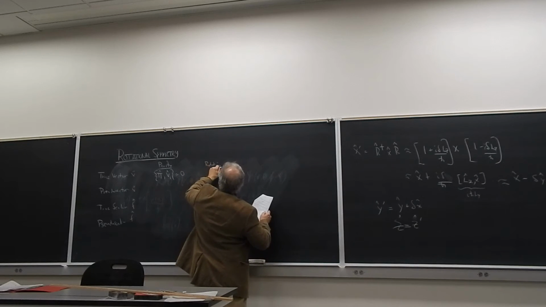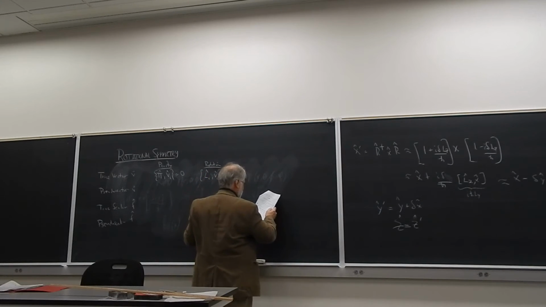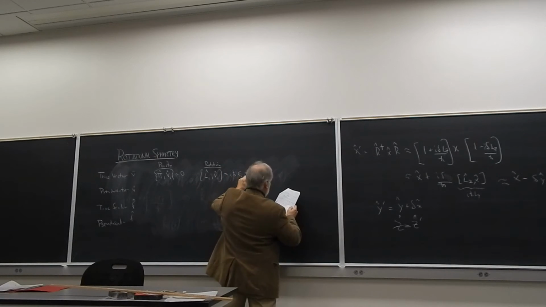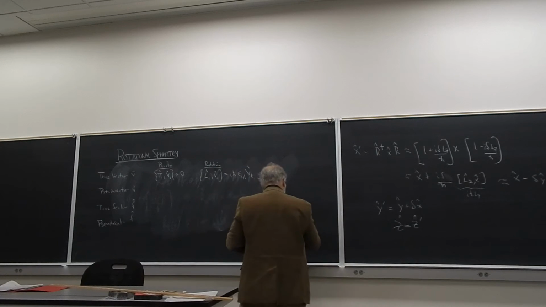Under rotation, if I operate with L sub i on V sub j, I get i h bar epsilon ijk V sub k, as indicated on the right.